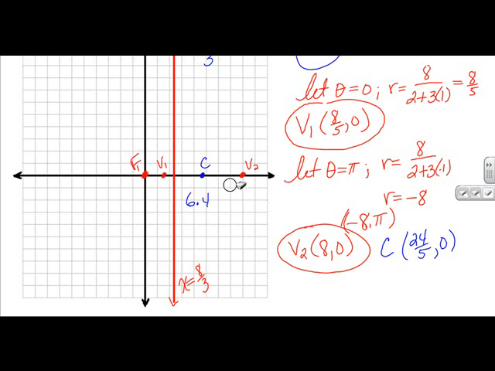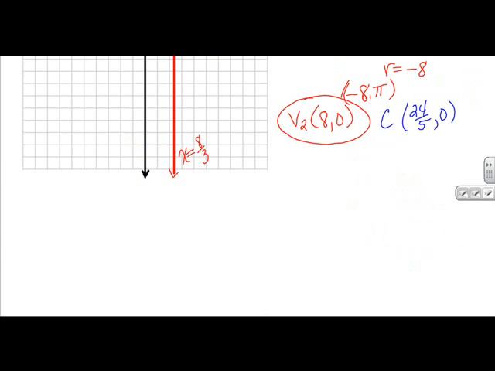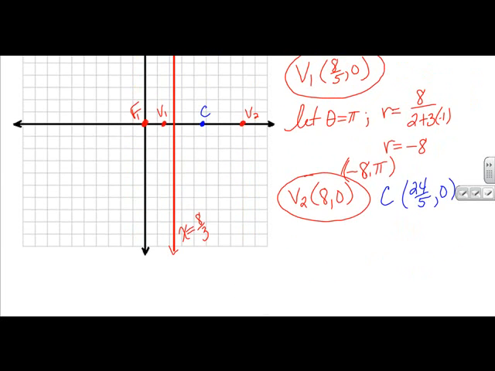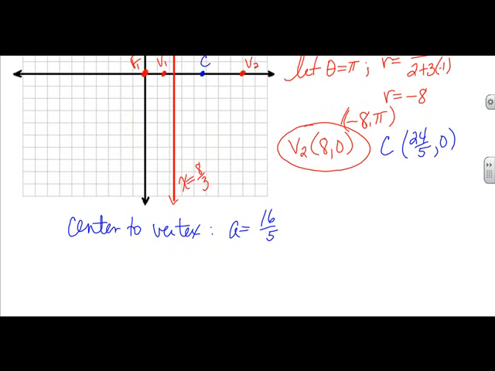From the center to the vertex is the length a, and that length is 16/5 of a unit. From the center to a focus is the length c, and that length is 24/5.